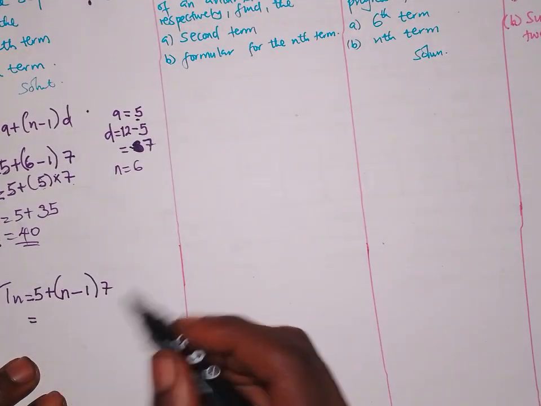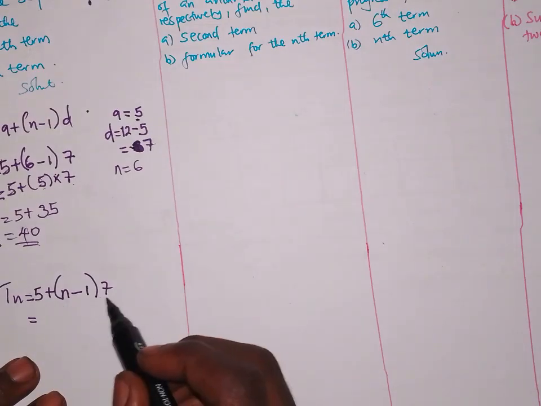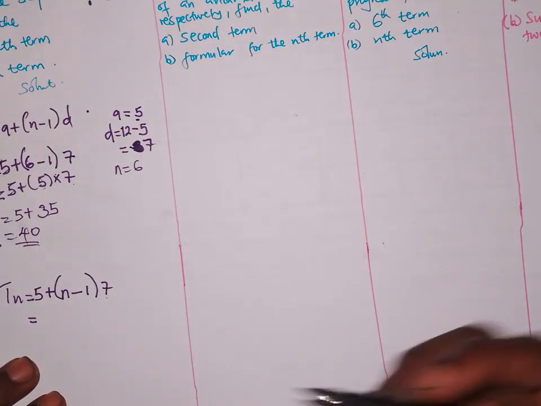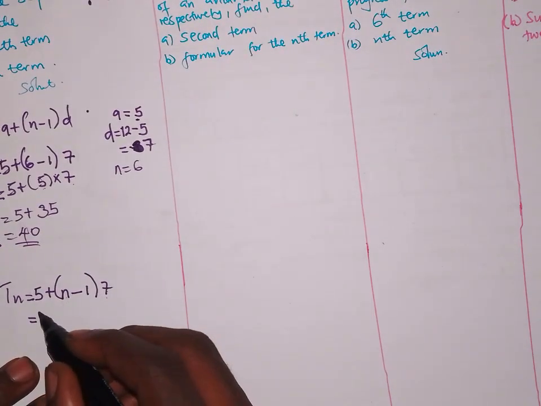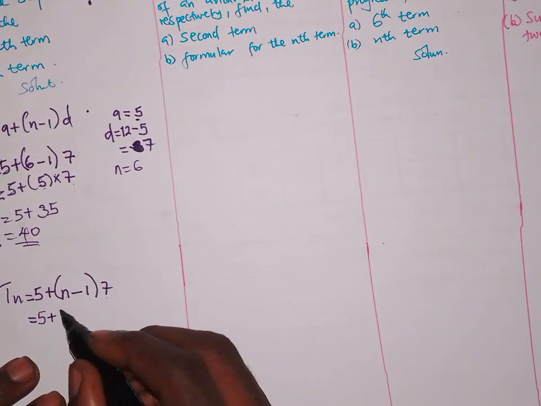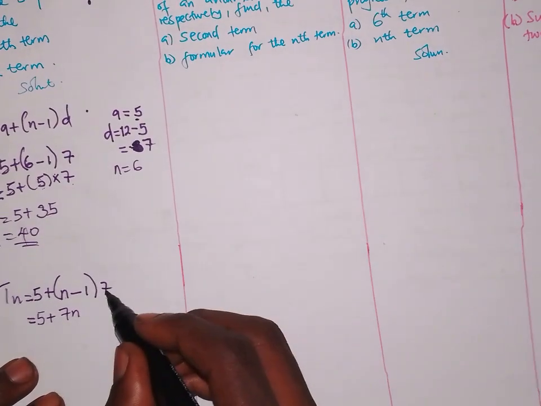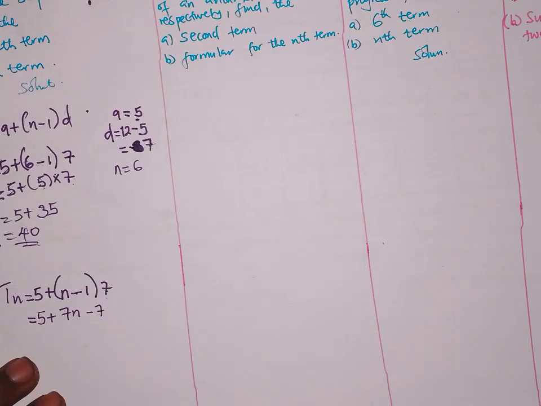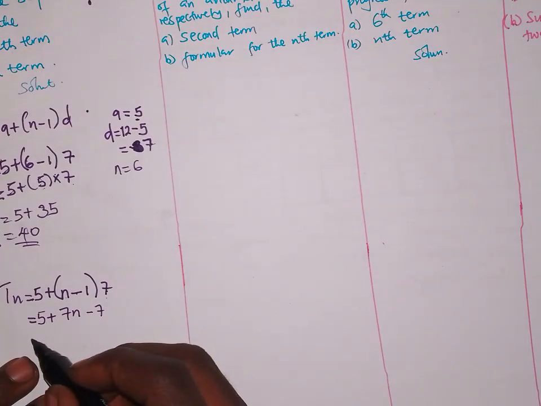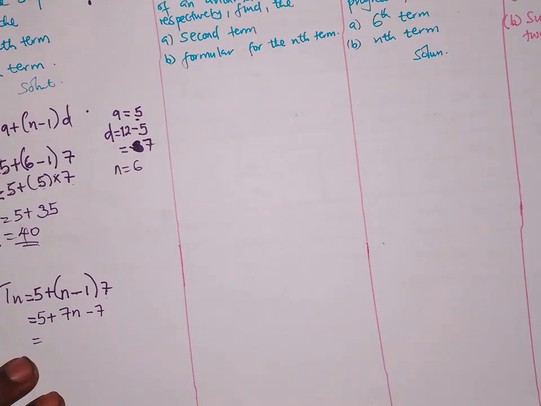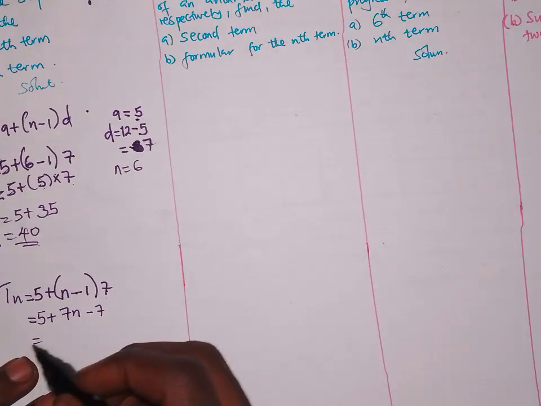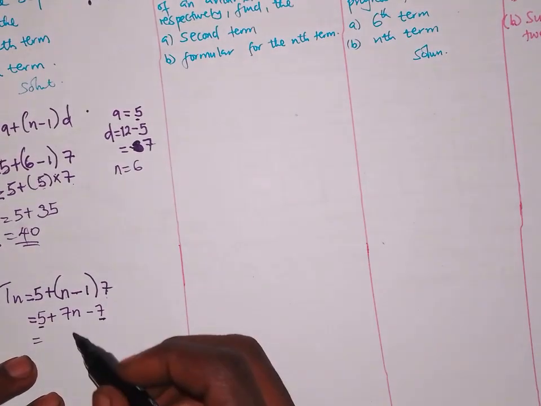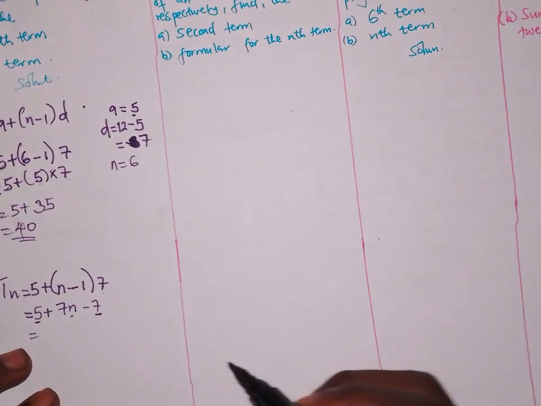Here you now distribute 7 according to BODMAS. Work out the brackets first. 7 times n, we have 7n. 7 times -1, we have -7. Then group the like terms. The like terms are 5 and 7, because they don't have n in them.